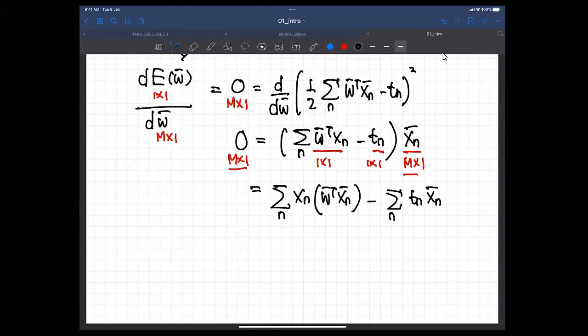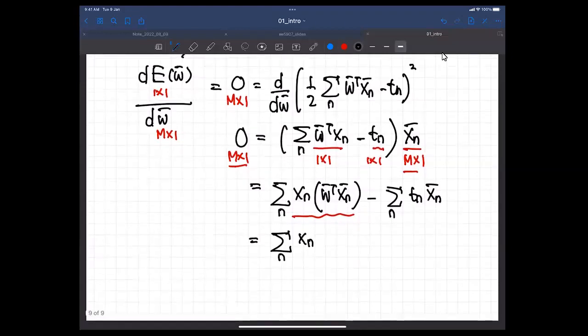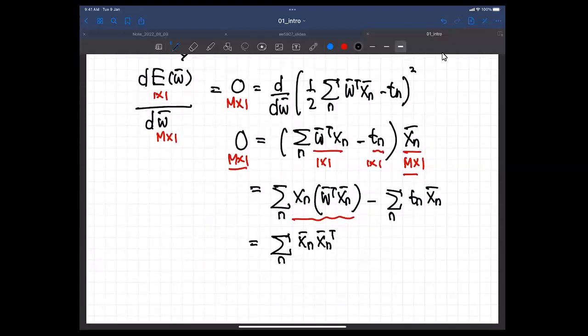Now the first part here, I can manipulate into the sum over n of xn xn transpose multiplied by W bar. It's the same thing, I just rearranged it in a certain way.